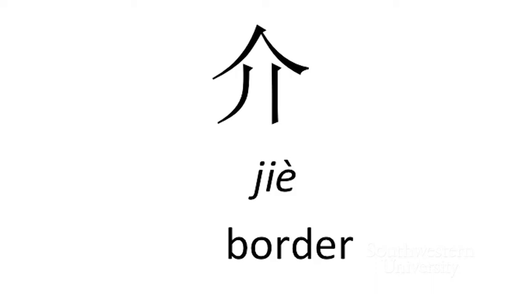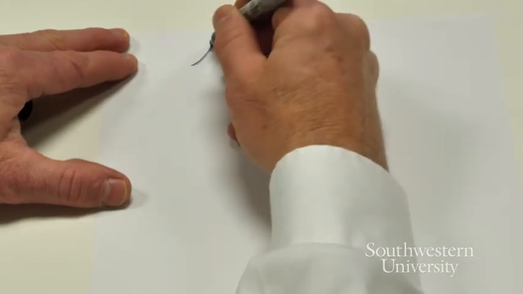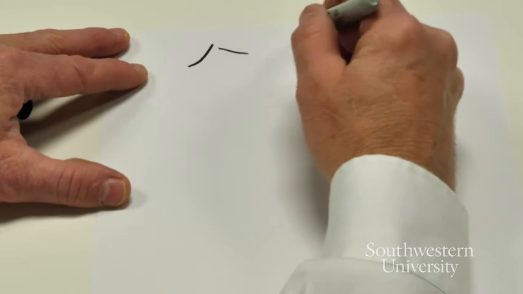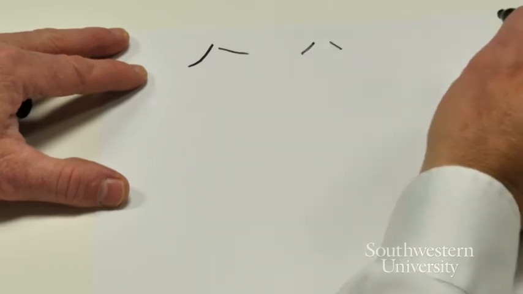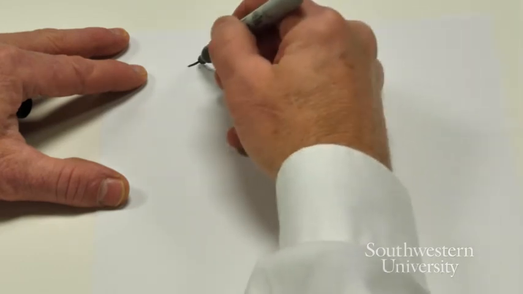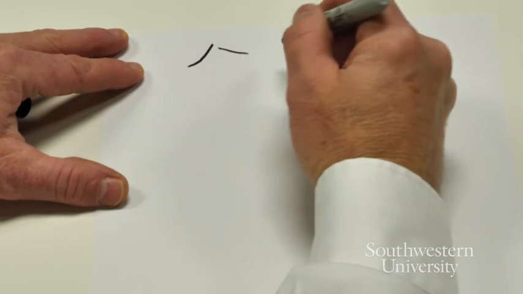Okay, the next one, Jie, is a component or a character in the first character in the word to introduce. It means a border. So written like this, the top part is ba, the word for 8, but it indicates a division. So you've got things cut into a division. Actually, the division is below.